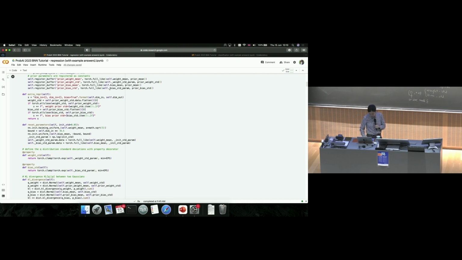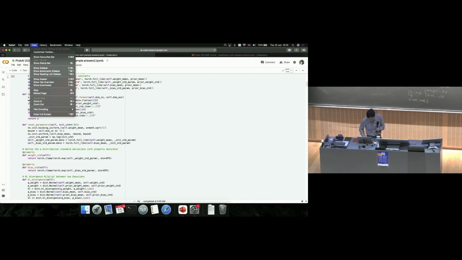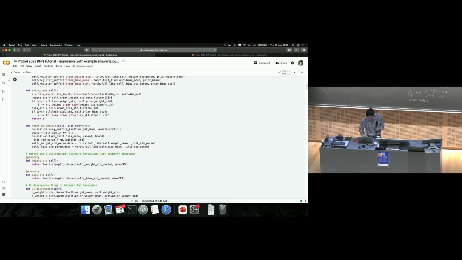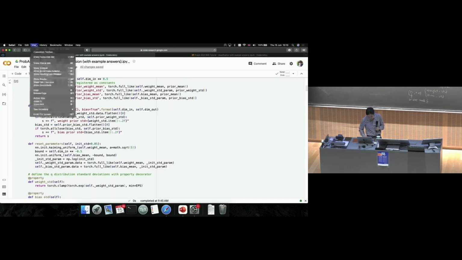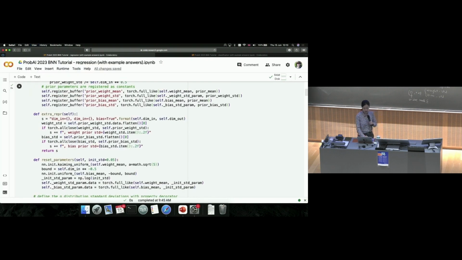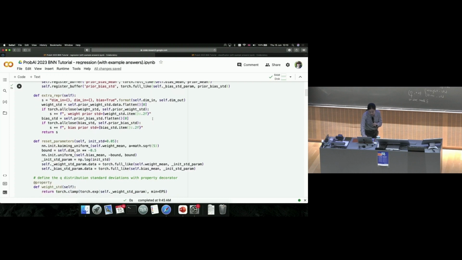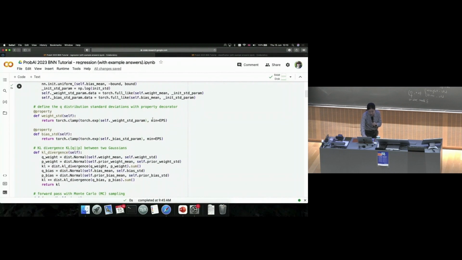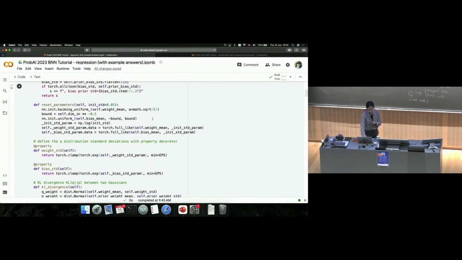Let me see how I zoom in on it. I hope this is big enough. So you basically see that this is the actual free-form parameter that we are going to optimize. We initialize this thing with some PyTorch-like code.